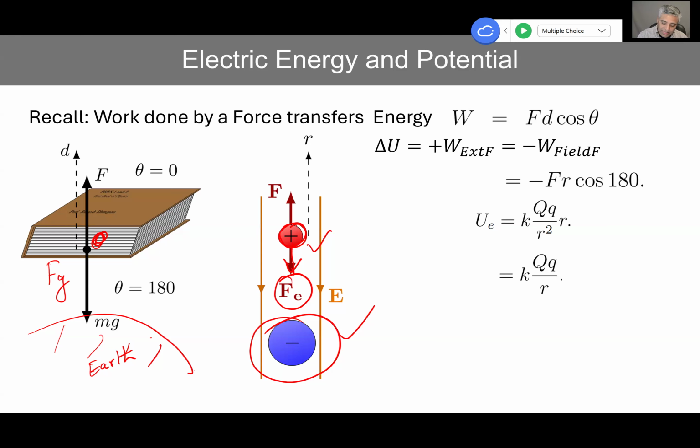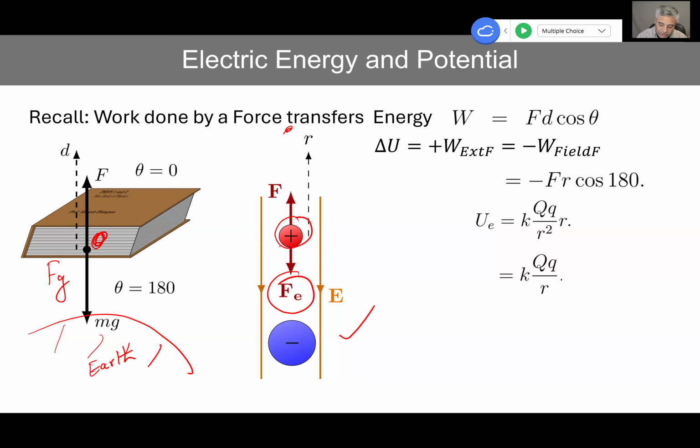Okay, so now what happens if a charge is moving from, let's say, very far and arriving over here? That means this is doing work. But if we just let it go, what happens? It's going to accelerate because there's going to be a net force.